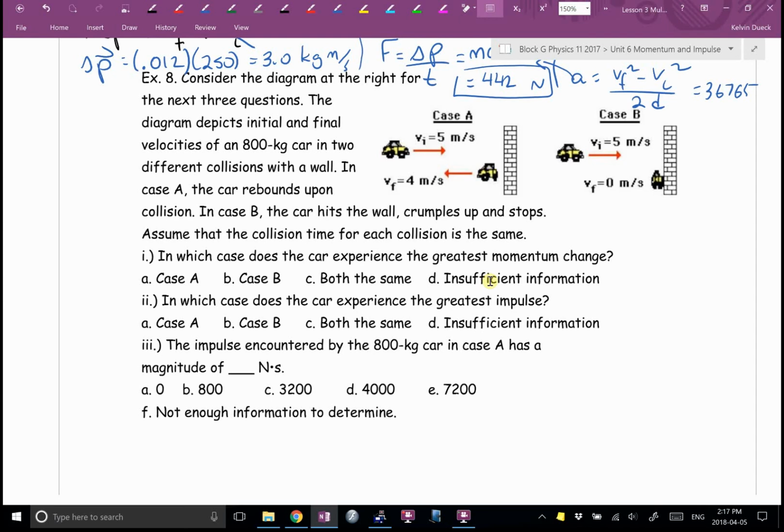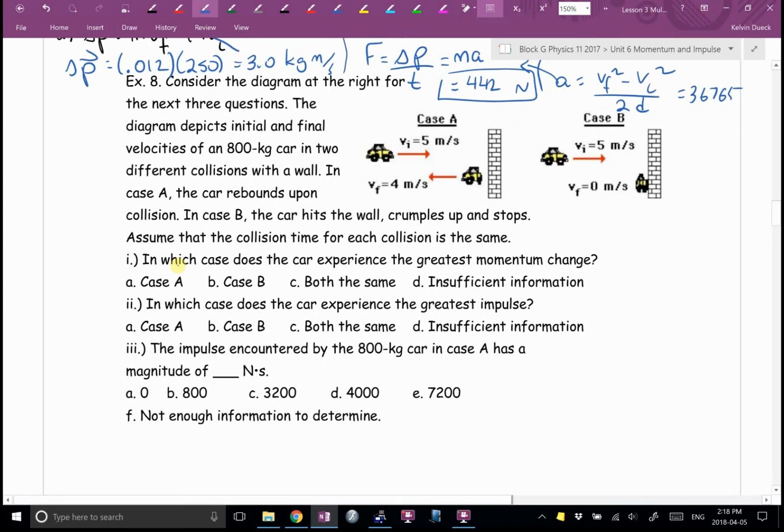Who says A? 1, 2, 3, 4, 5. Dom jumps on the bandwagon. 6. Eli. Now 7, now 8. 8 going once, 8 going twice, sold. Who says case B? 1, 2, 3, 4, 5, 6, 7.